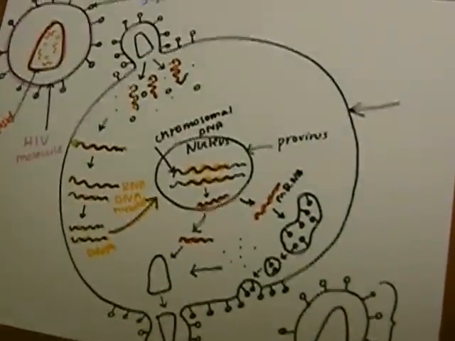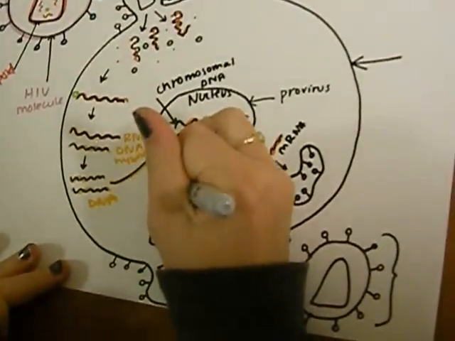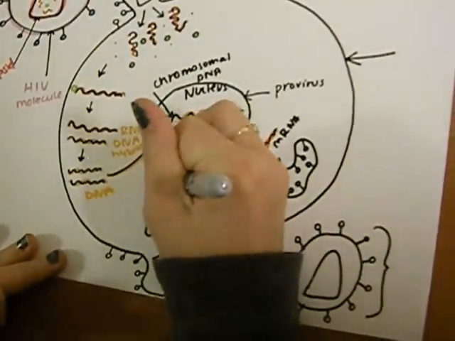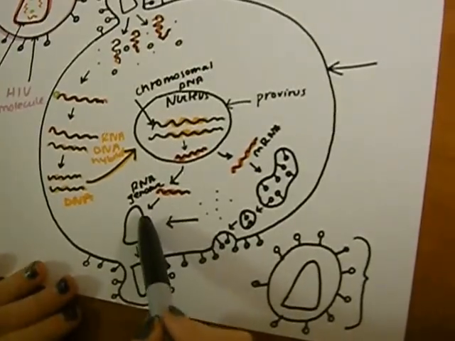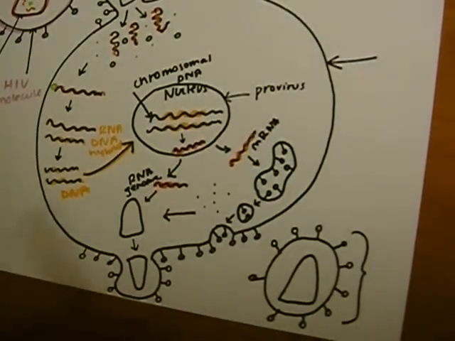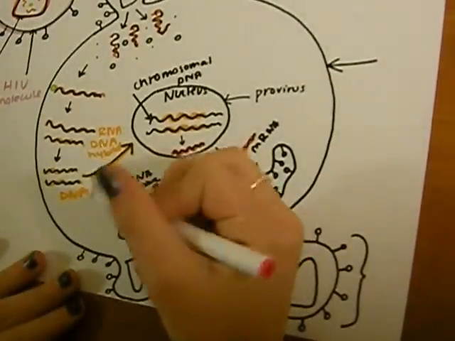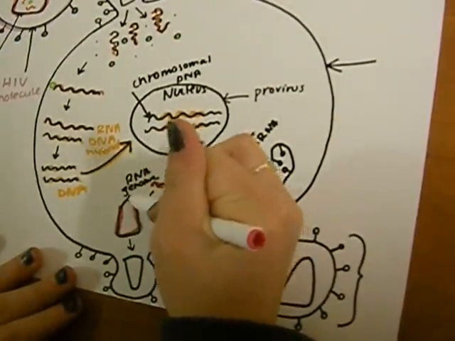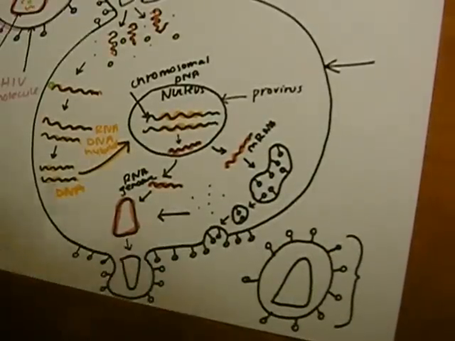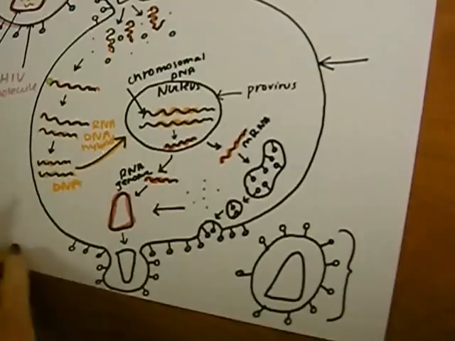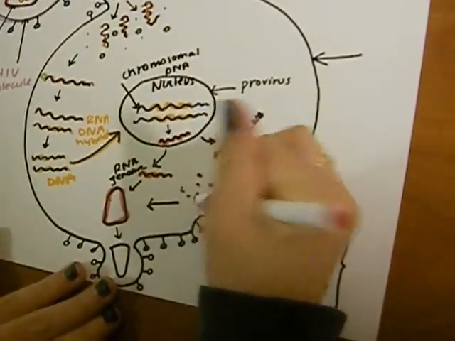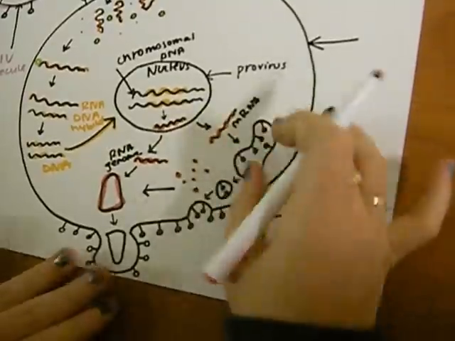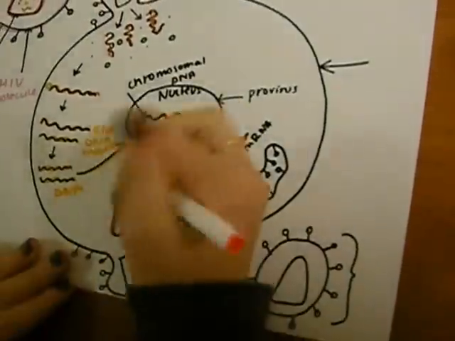And then we have an RNA genome right here that makes itself ready for other generations of the virus. So we have our capsid being formed, and the capsid is formed from the other proteins formed after translation, which happens right here. And the RNA is inside of it.